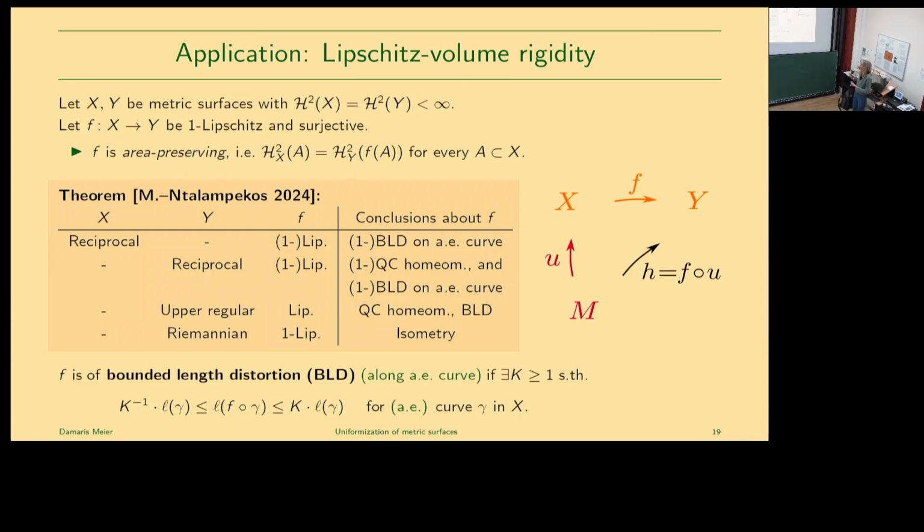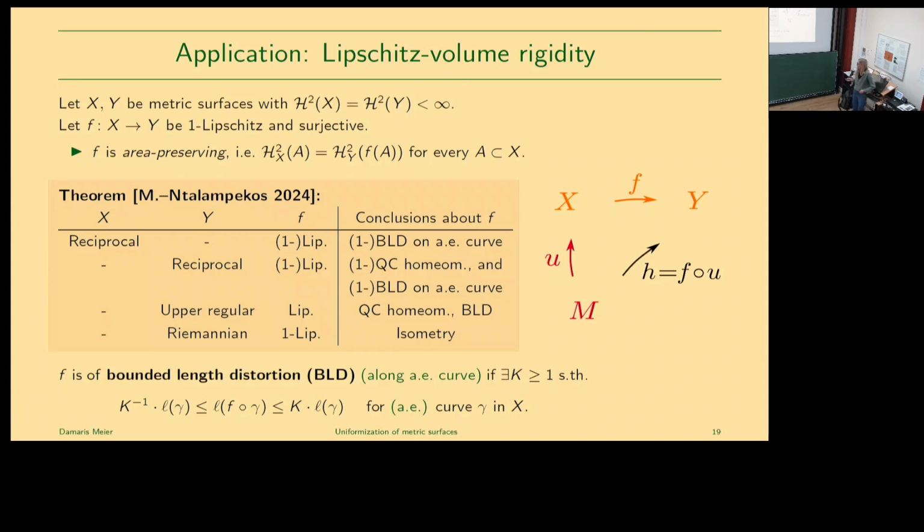And if we just have a Sobolev map between metric surfaces, it's very unclear how to differentiate, because we don't know anything about X. But if we have a uniformization map, then we can compare the differential of the composition with the differential of the uniformization map. And this we can use to get the distortion of F, in some sense how the lengths of curves are distorted. So that's very briefly how we use this uniformization result.